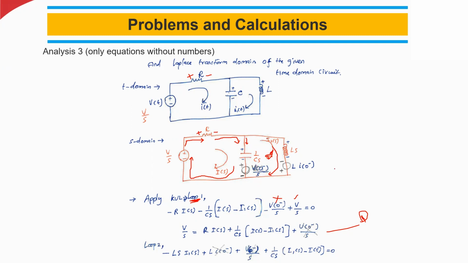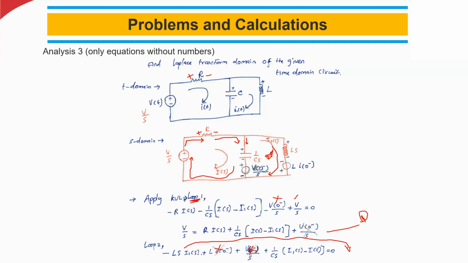Now you have written the equation for both loops. If you assume there is no initial voltage in both capacitor and inductor, then you can ignore these two terms. So 1 divided by CS times I1 of S minus I of S is equal to LS times I1 of S. That is the equation for loop 2.